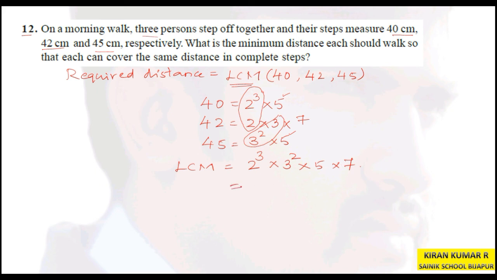So the least common multiple is, when you multiply, we get 2520. Therefore the required distance is 2520 centimeter.